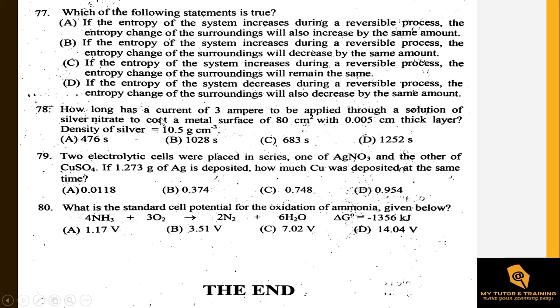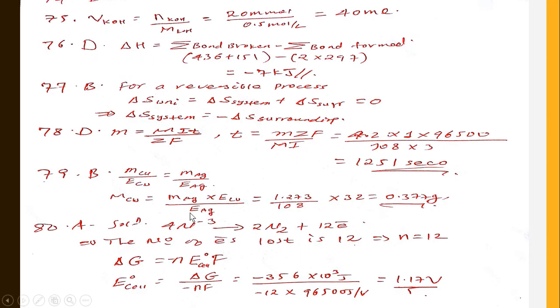Question number 79. Two electrolytic cells were placed in a series, one of silver nitrate and the other copper sulfate solution. If 1.273 gram of Ag is deposited, ምን ያክል ኮፐር ነው የሚፈጠረው? ተመልከቱ፣ mass of copper over equivalent mass of copper is equal to mass of silver over equivalent mass of silver.